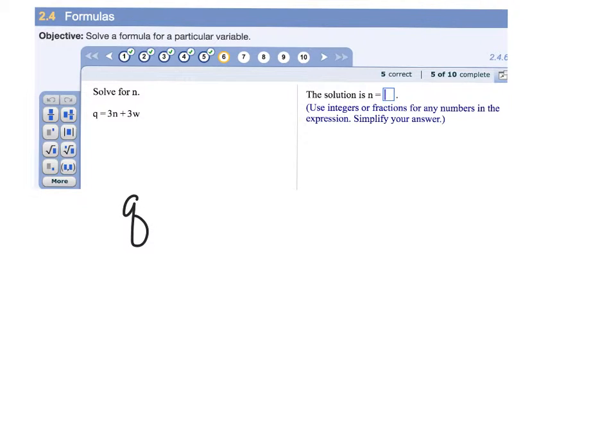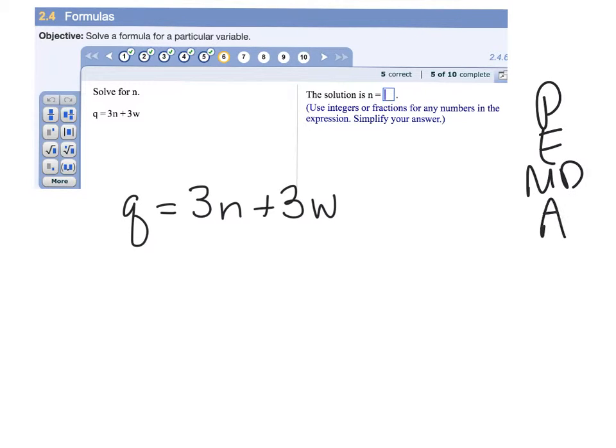So we've got Q is equal to 3N plus 3W. Since we want to get that N all by itself, the first thing, remember, please excuse my dear Aunt Sally, but solving algebra means we're going to do addition and subtraction first, which means we've got to get rid of that 3W because we're trying to get the N all by itself.